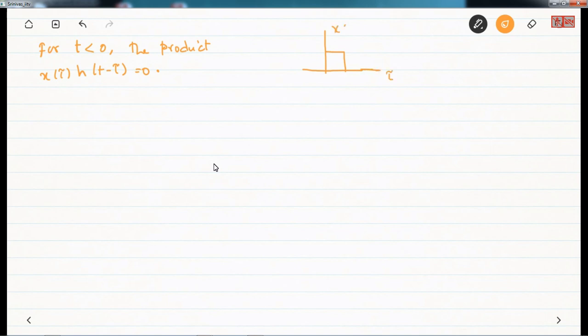This is x of tau, this is 0, this is t, and this is 1. This is tau.